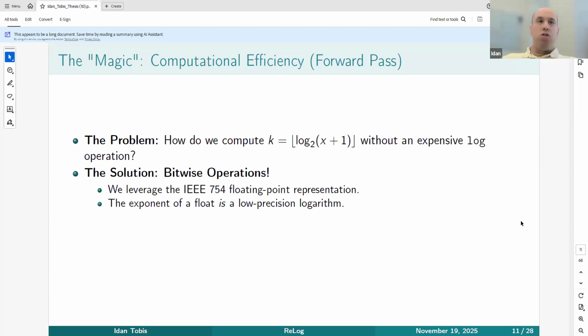So the solution is bitwise operations. We're leveraging the IEEE 754 standard, which is how we represent floating point numbers in the computer. The way that we store them is that the exponent of the floating point number is actually the low precision logarithm, which is exactly what we want.